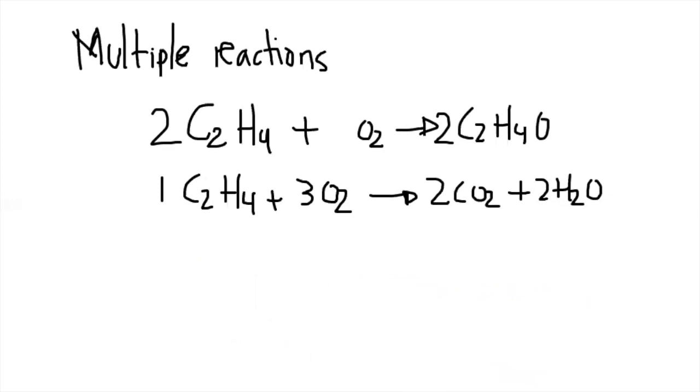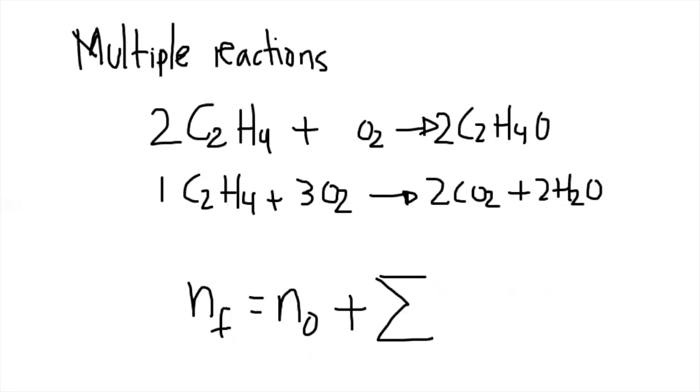So we can generalize this as the final moles that we're going to have of each component is equal to the initial moles of each component plus the sum, here we have a sum because we have more than one reaction, of each stoichiometric coefficient in each of the reactions, with index j, so if we have 2 reactions, this is 1 and 2, times the advance of the reaction in each reaction.